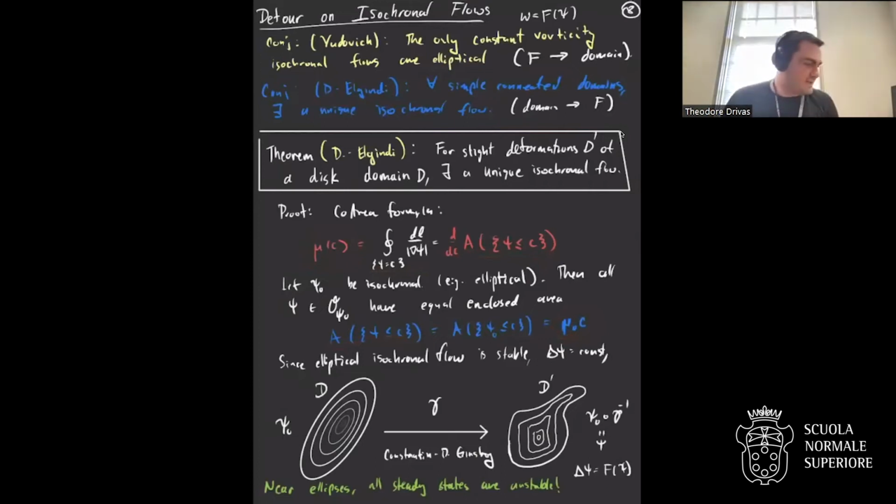And the point is, if I have a given isochronal flow whose area, say, grows like the level, and I find a deformation of it to a new domain that's on the orbit in the group of volume-preserving diffeomorphisms, then I preserve all the levels and I preserve the areas enclosed by them because the diffeomorphism is volume-preserving.